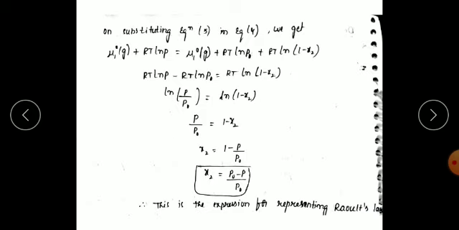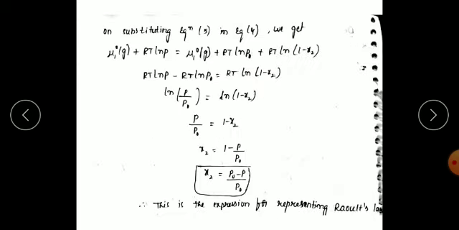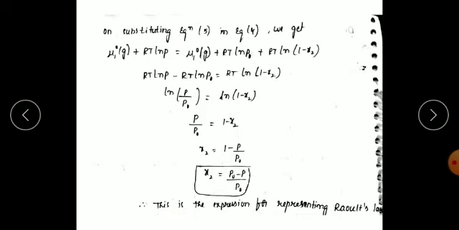On substituting equation 5 in equation 4, we get mu1 naught G plus RT ln P equals mu1 naught G plus RT ln P naught plus RT ln (1 minus X2), that is, mu1 naught L is replaced with these two terms in equation 4.